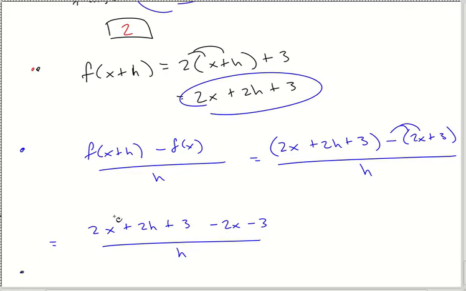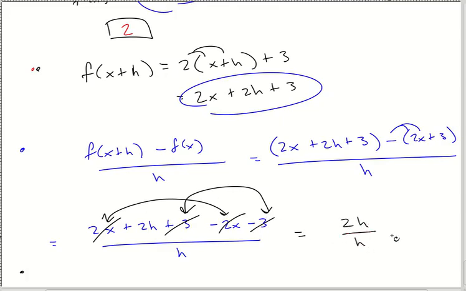Notice some things. If I'm combining like terms, these guys right here, they cancel. Here, combine like terms with numbers. What do you get? Cancel. So we're left with 2h divided by h. They cancel, leaving the 2.